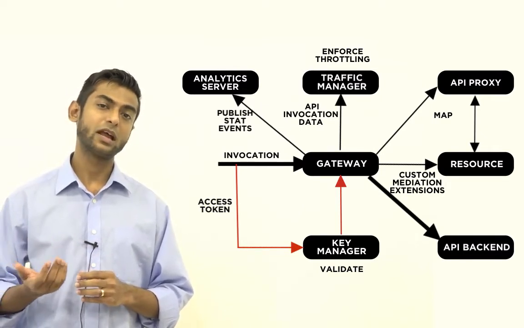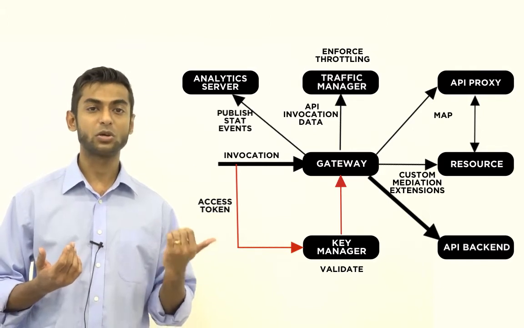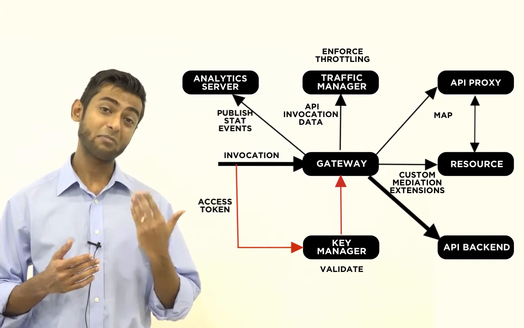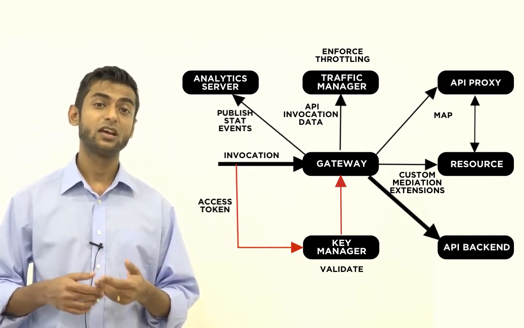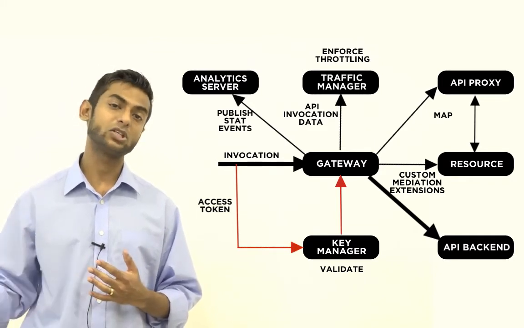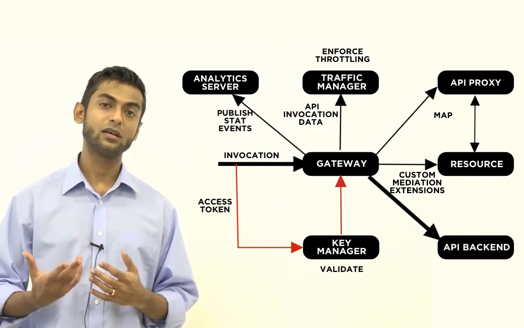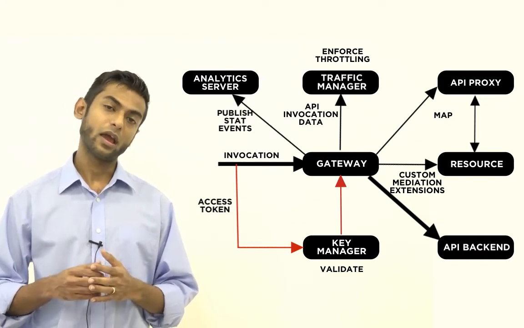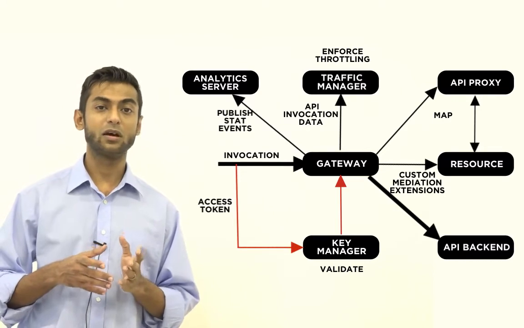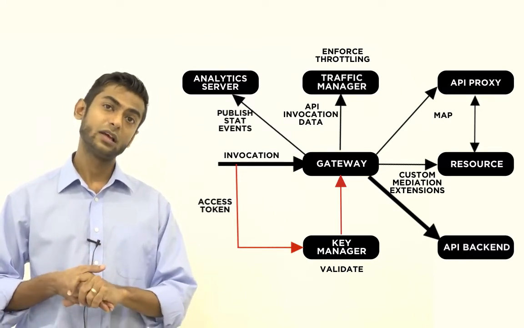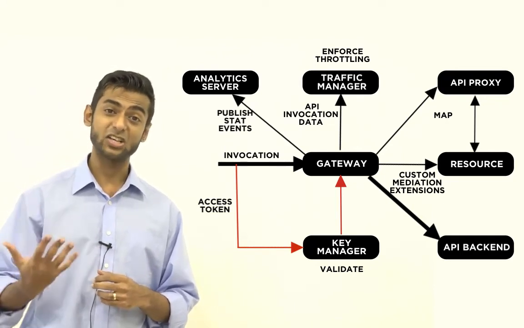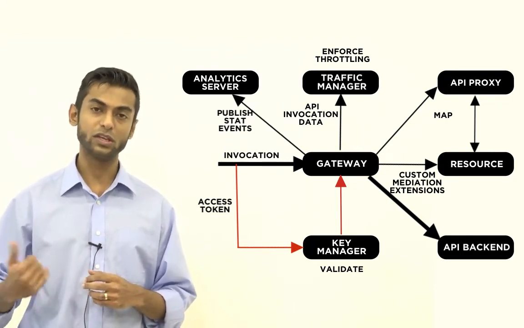If we look at the option of caching at the gateway, subsequent validation requests that arrive at the gateway can be validated against this cache. This means that the gateway does not need to consult the key manager component in order to validate the access token. If we take a look at the option of using the cache at the key manager level, the validation will be done by the key manager against the cache instead of going to the database.